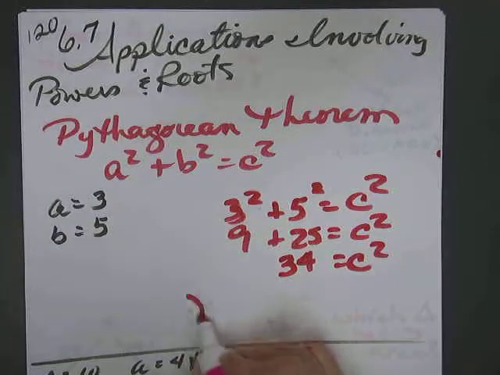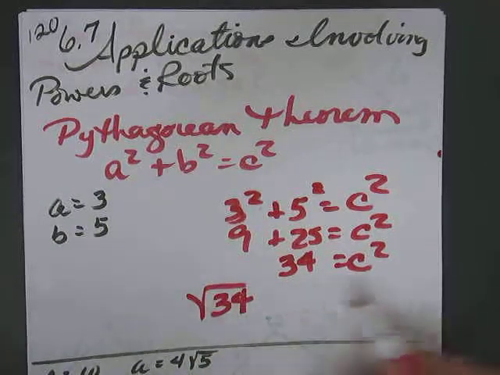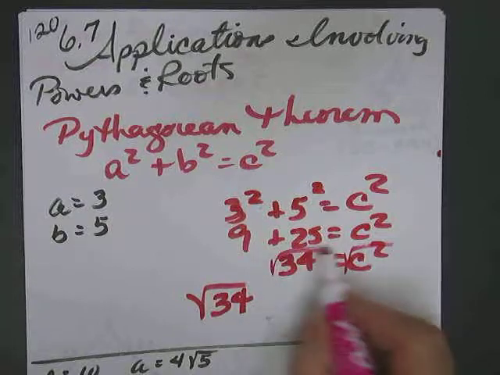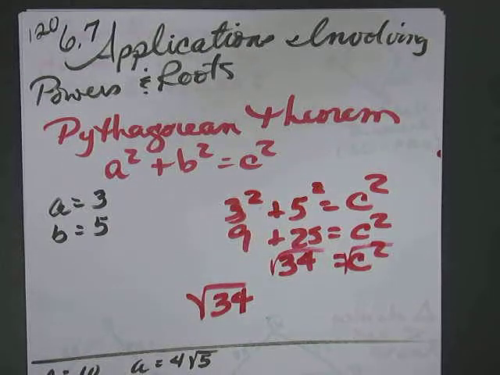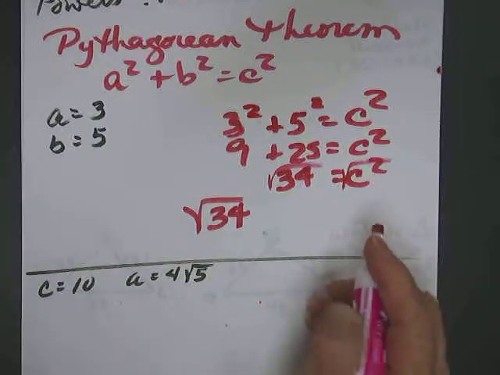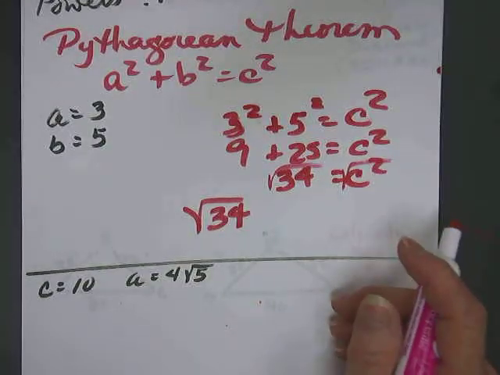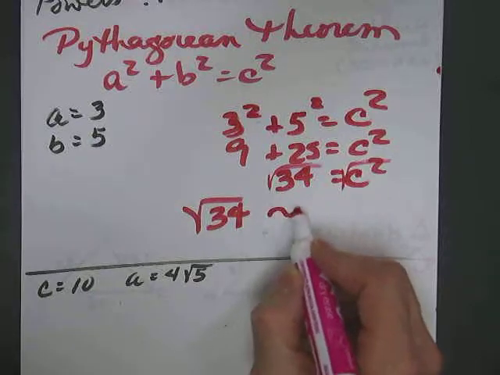So the exact answer is square root of 34, because you square root both sides to get rid of the square. Now go ahead and put it in your calculator, give me 3 decimal places. That's the normal thing that they'll ask for, is find it to 3 decimal places.